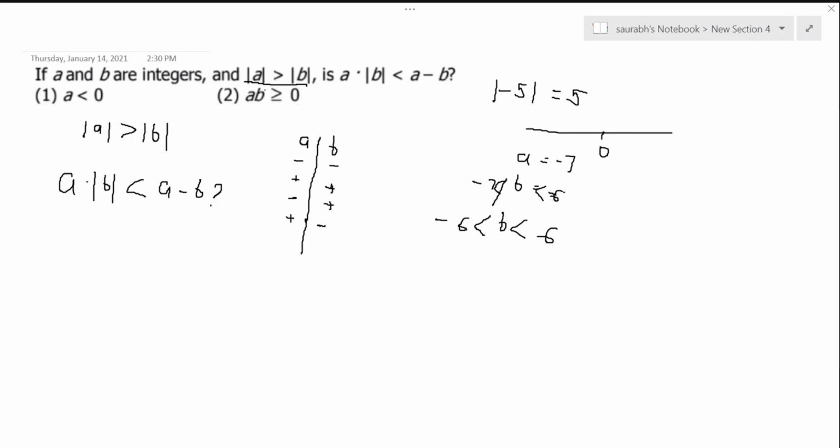By being at 0, it cannot be farther from 0 compared to B. Otherwise B would be farther from 0, which is not what is given. This condition says A is farther from 0, so definitely A can't be 0. But B can be 0. So another possible scenario is A could be negative and B is 0, and A could be positive and B is 0.